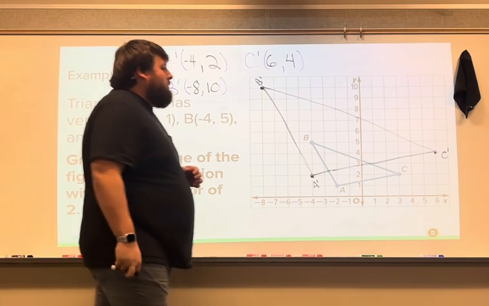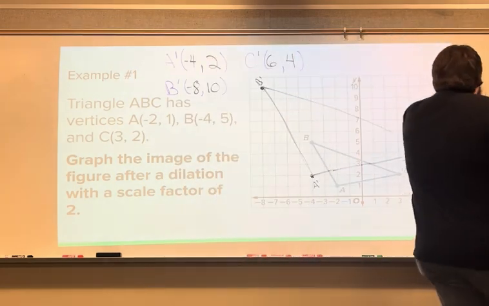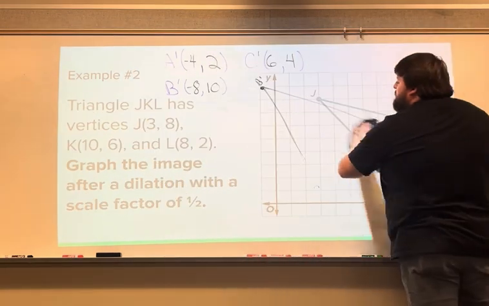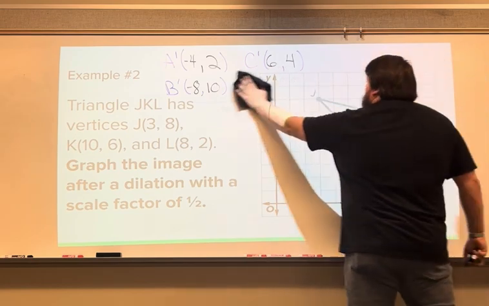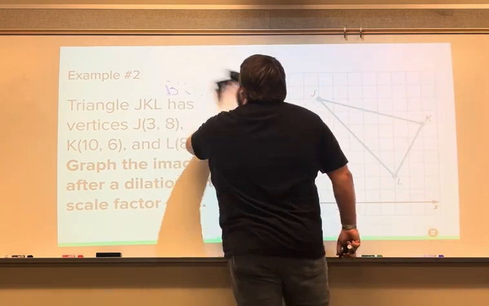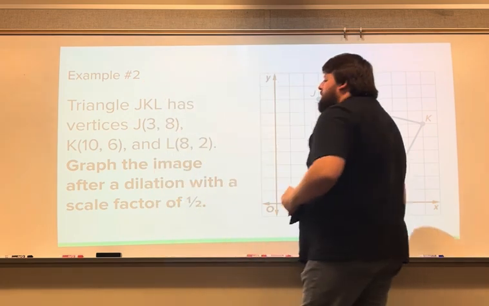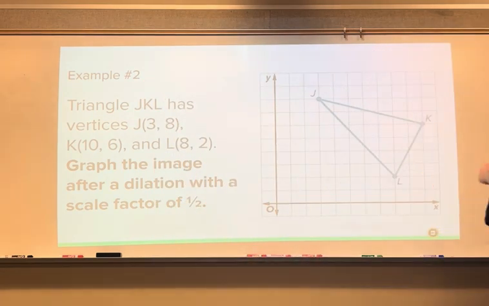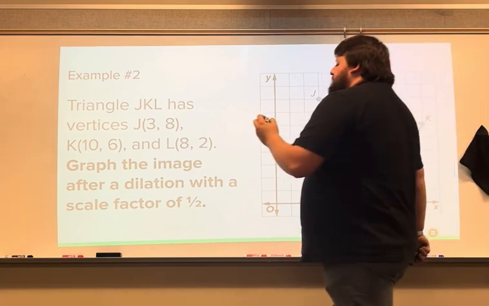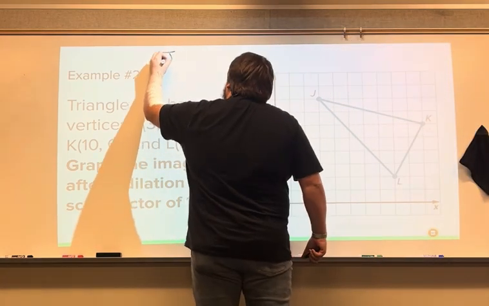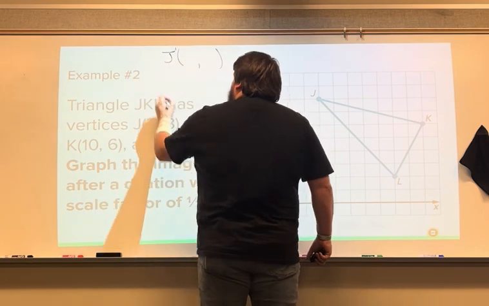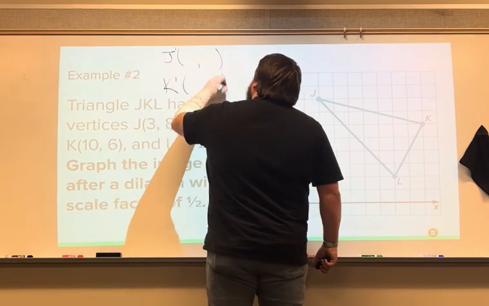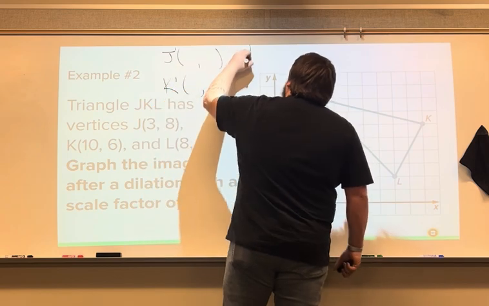Okay. So example 2, we are once again given a pre-image, and we're asked to take what's given to us and graph the image after a dilation with a scale factor of 1/2. So now we're taking each of these x and y values and multiplying it by 1/2. So we have J prime, K prime, and L prime.